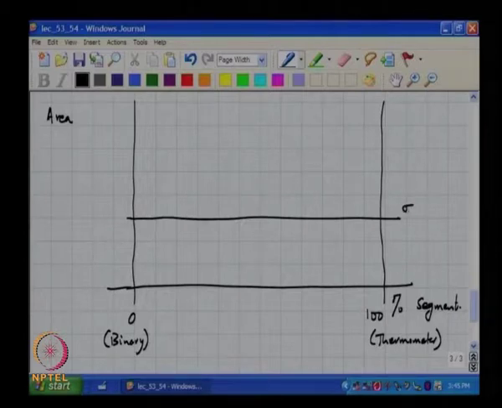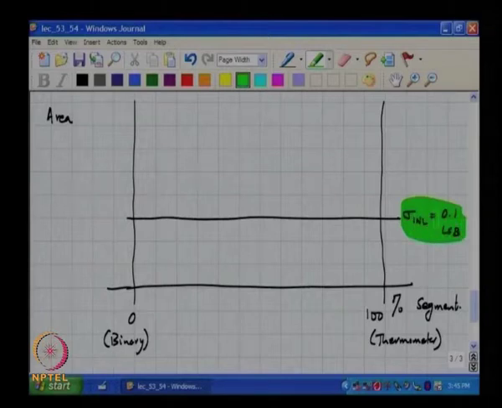So, let us for argument's sake say this corresponds to a sigma INL of, I do not know, 0.1 LSB. This is just an example. In other words, in order to achieve a sigma INL of 0.1 LSB, this is the amount of area required for the unit element, which also is equivalent to saying this is the analog area required for all these elements in the DAC, because the analog area is simply the area of unit element multiplied by 2 to the n, correct.